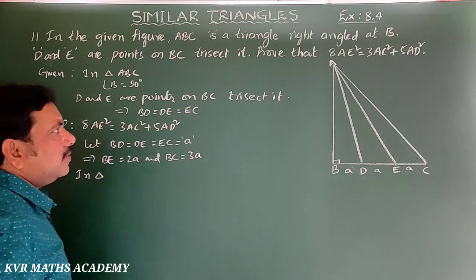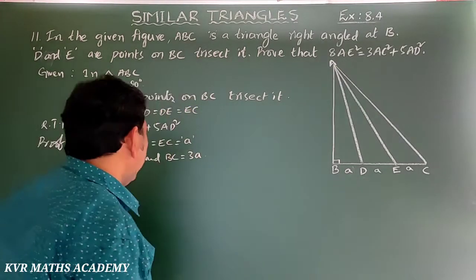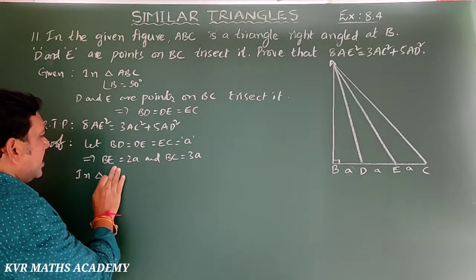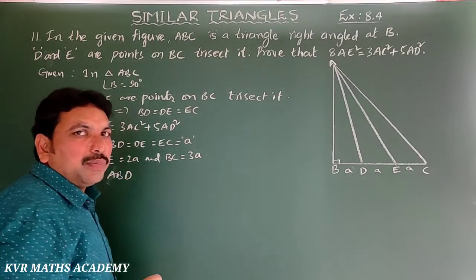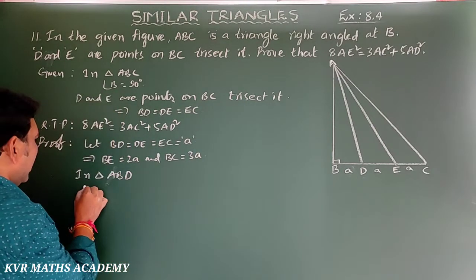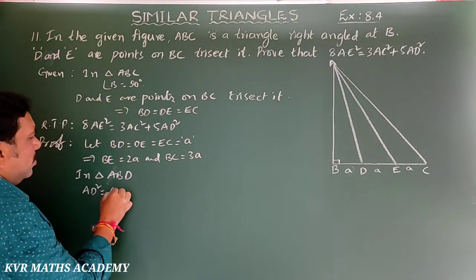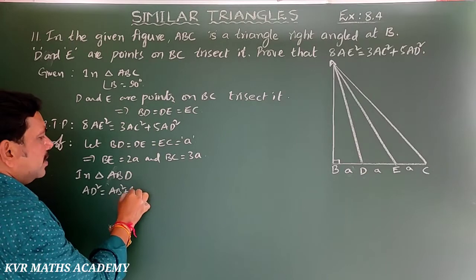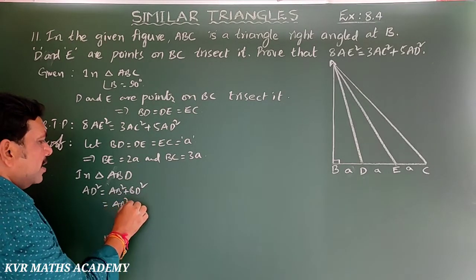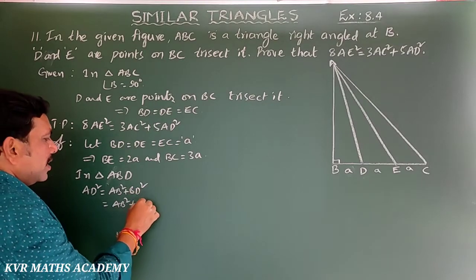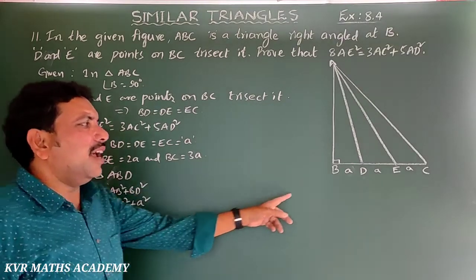In triangle ABD, by Pythagoras principle, AD square is equal to AB square plus BD square, that is AB square plus a square. BD means a only, no?